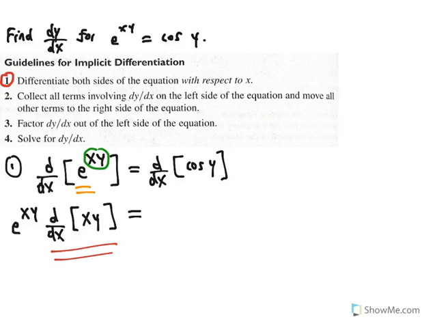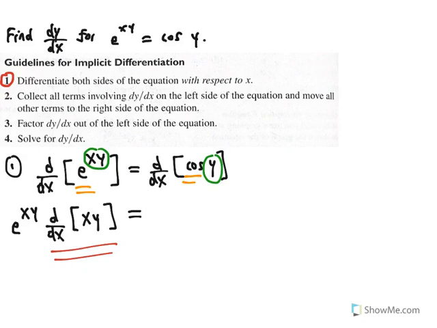But before we get to that, on the right side of the equation, you should also observe that we have a composition of two functions where the outside function is cosine and the inside function is y. And we make the assumption that y is some differentiable function of x, whether we know what that function is or not.